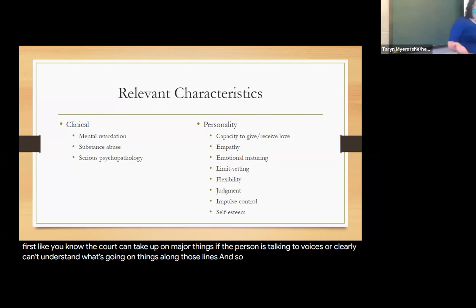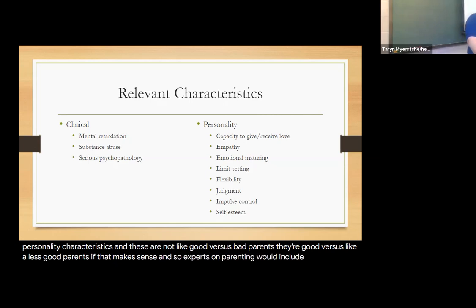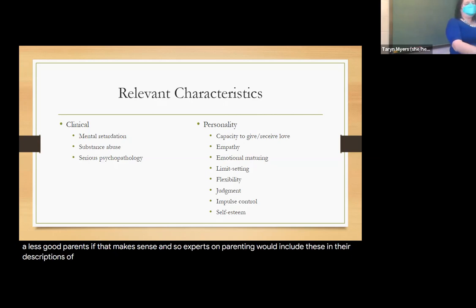And so then you look at relevant personality characteristics. And these are not like good versus bad parents, they're good versus less good parents, if that makes sense. And so experts on parenting would include these in their descriptions of effective parents.